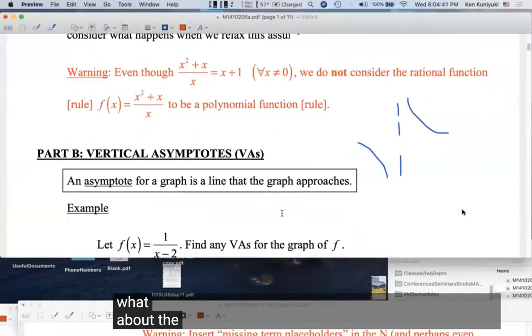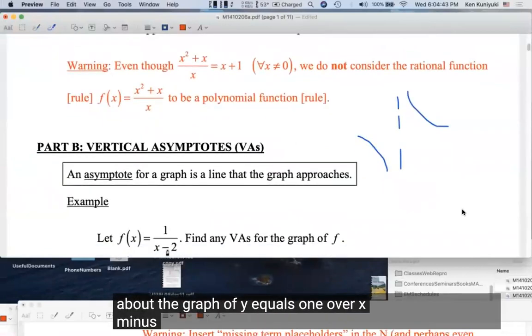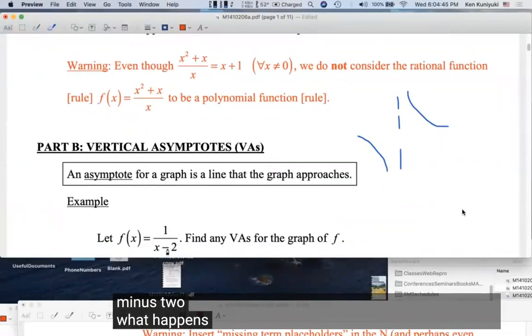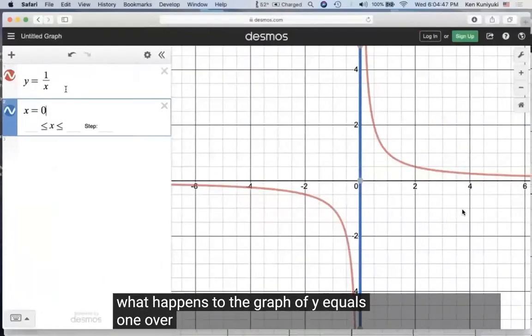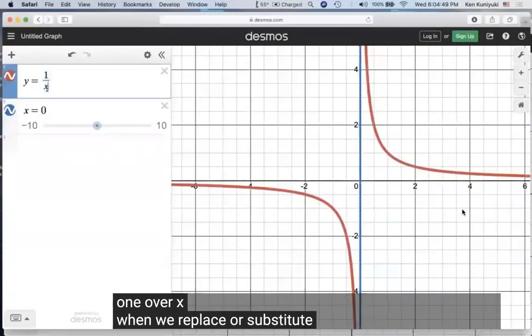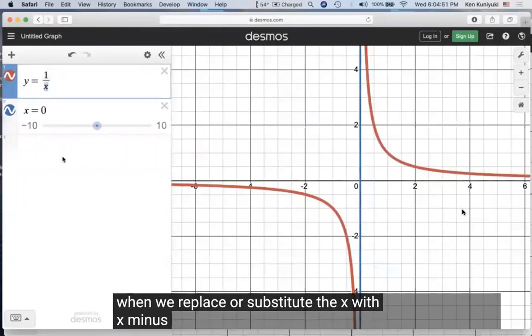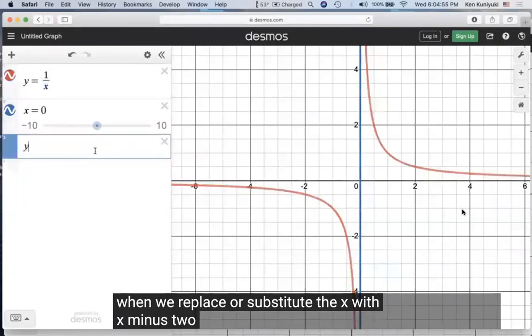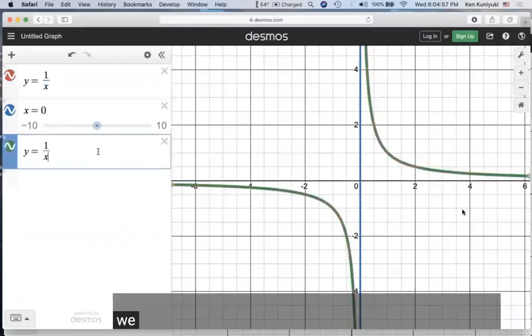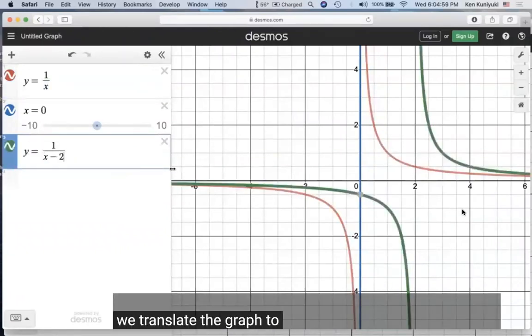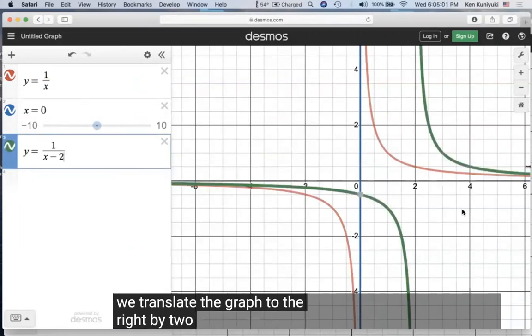Now, what about the graph of y equals 1 over x minus 2? What happens to the graph of y equals 1 over x when we substitute x minus 2 for the x? Remember that? We translate the graph to the right by 2 units.